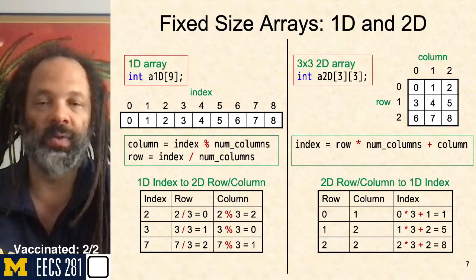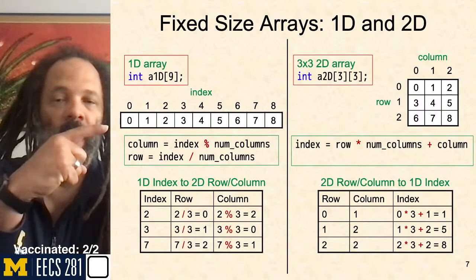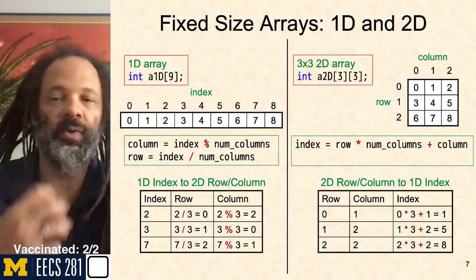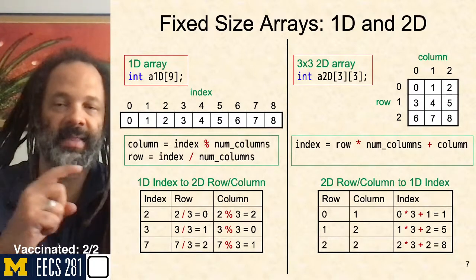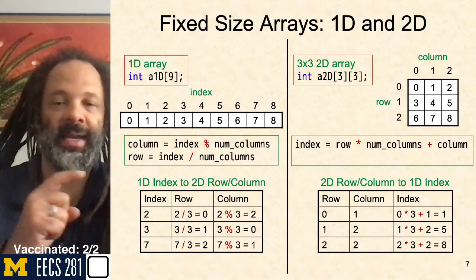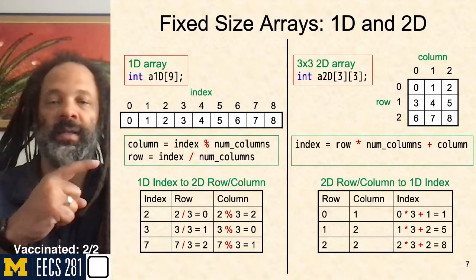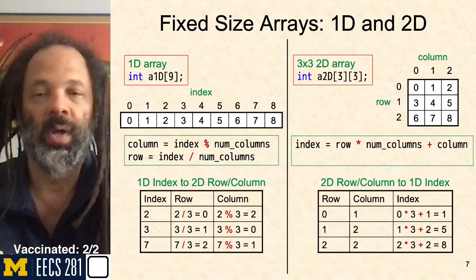So I can use those 2 operators to convert this 1D row of values into a 2D 3x3 thing. I can just say take that index, mod by the number of columns to get the column. I can take that index, divide by the number of columns to get the row. And using integer division, this is going to give me something like 0, 1, or 2.